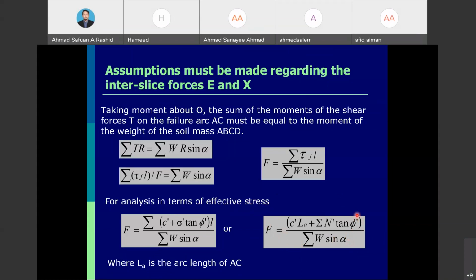A similar concept with the total stress, where we use the moment, where the resisting moment is divided by the driving moment. So this is for the ordinary method of slices analysis.